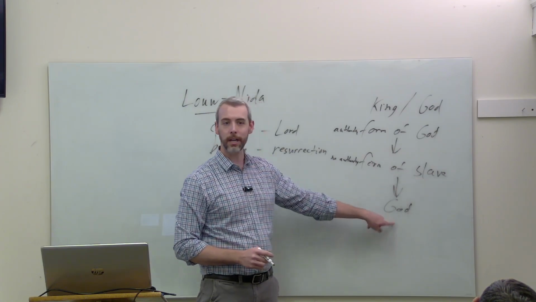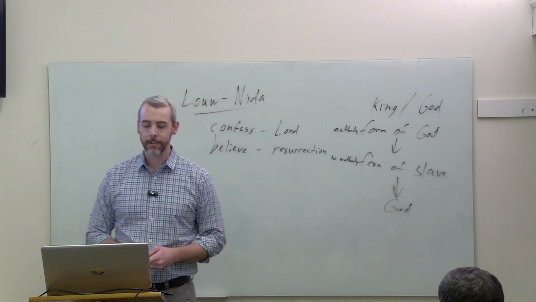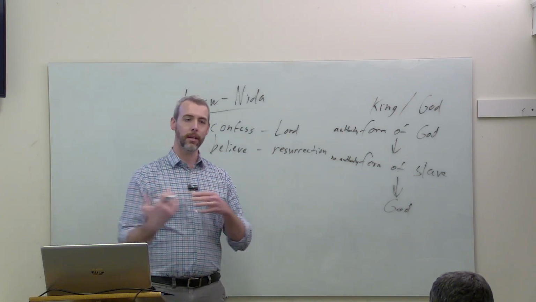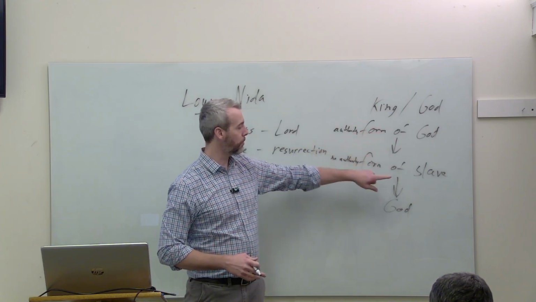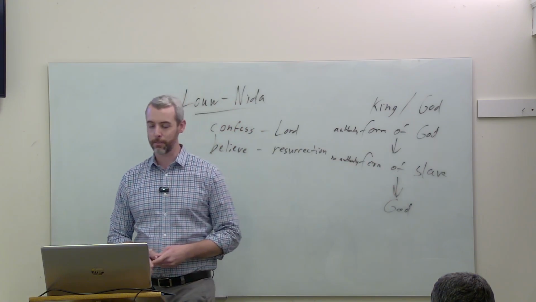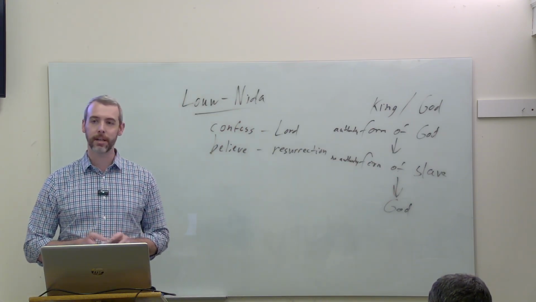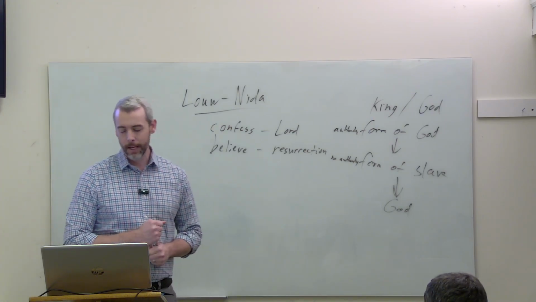And then he was highly exalted so that he is now authority over all again. And so even there, in Philippians chapter 2, we're seeing connections to Yahweh, Lord of the Old Testament, Jesus having that form, taking the form of a slave in the likeness of man, and then being highly exalted by God the Father. Still submission to the Father, but at the same time, there's a highly exalted name above every name.